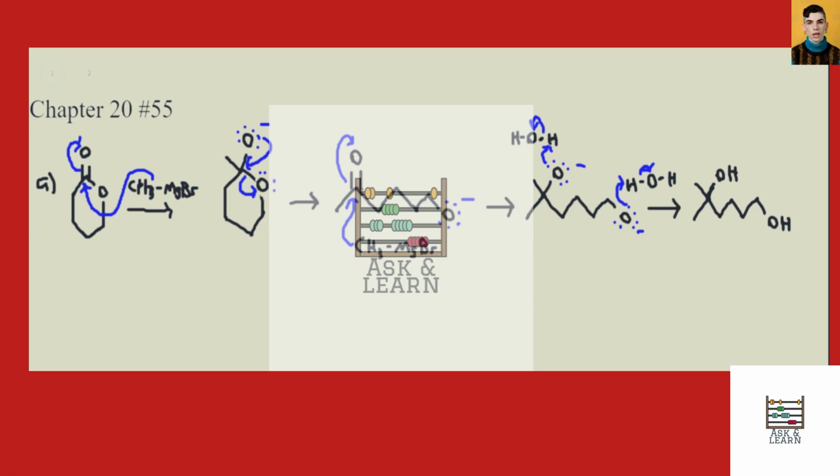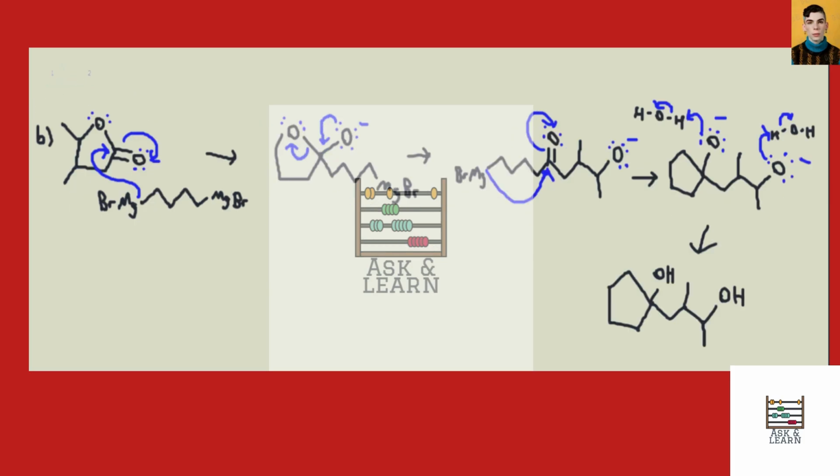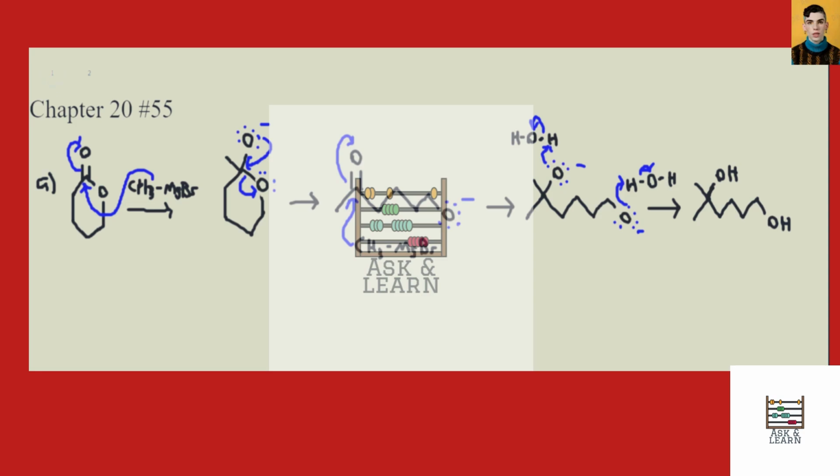And then from there, we're going to get attack on the new ketone, either by another equivalent of Grignard, as in part A, or by the Grignard that was on the other end of our starting Grignard in part B. And then just protonation of the resulting alkoxides gets us to the final products. And that's the answer to chapter 20, problem number 55.